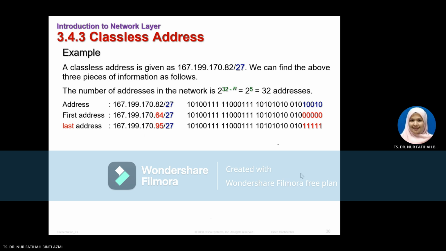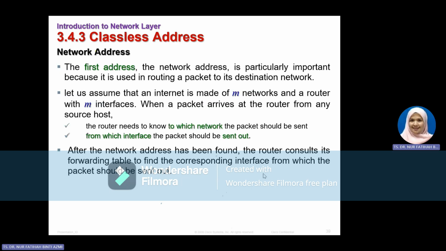From here we can get the last address or the broadcast address for this network segment. I think you need to go through this example, because it might come out in your exam. So let's continue on classless addressing.